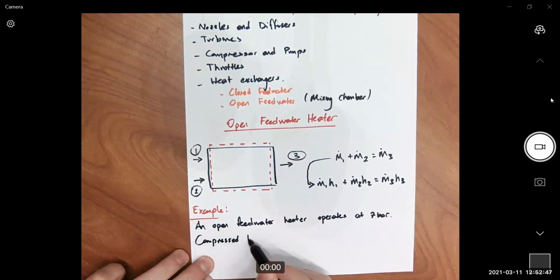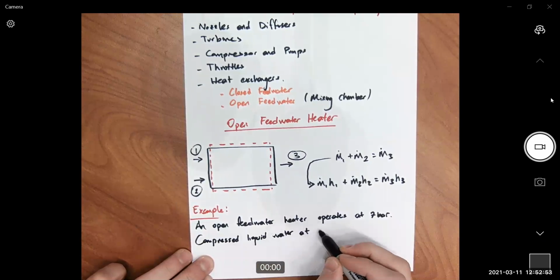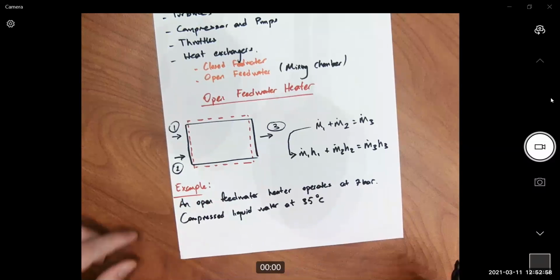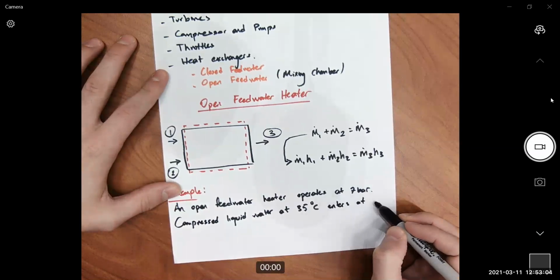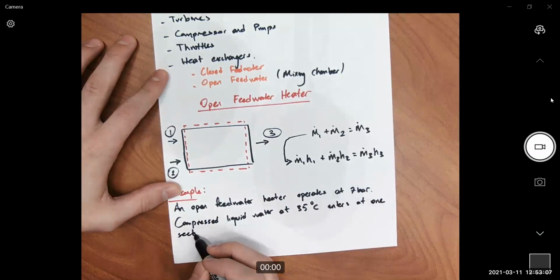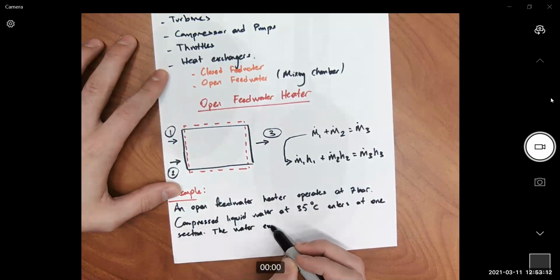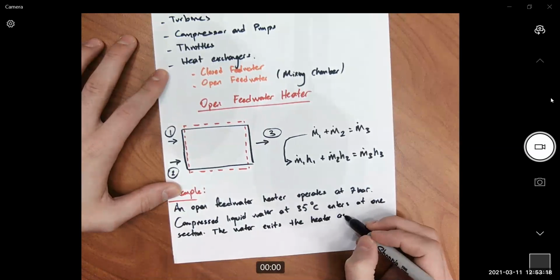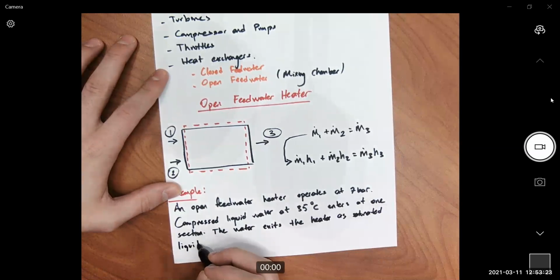Compressed liquid water at 35 Celsius enters at section 1. The water exits the heater as saturated liquid.